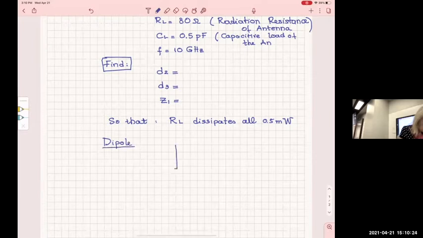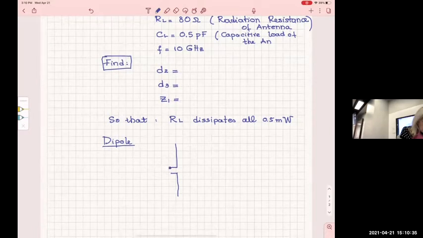The ideal dipole will look like this: two metals separated, and then here you feed them with a transmission line. Okay? For the dipole that you see, what you feed it with is a coaxial, this one. You see here the connector, the metal.